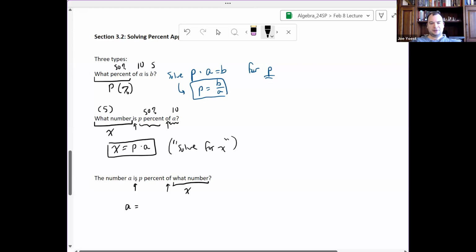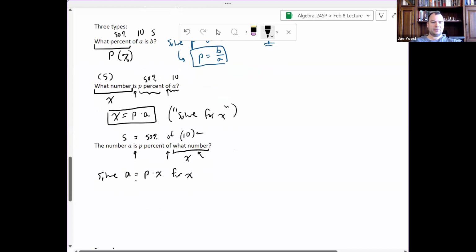So A is P% of X, P times X. So again, for instance, 5 is 50% of 10, and 10 would be the number we're looking for. I'm looking to solve this for X, and so I can divide both sides by P and get X equals A divided by P.